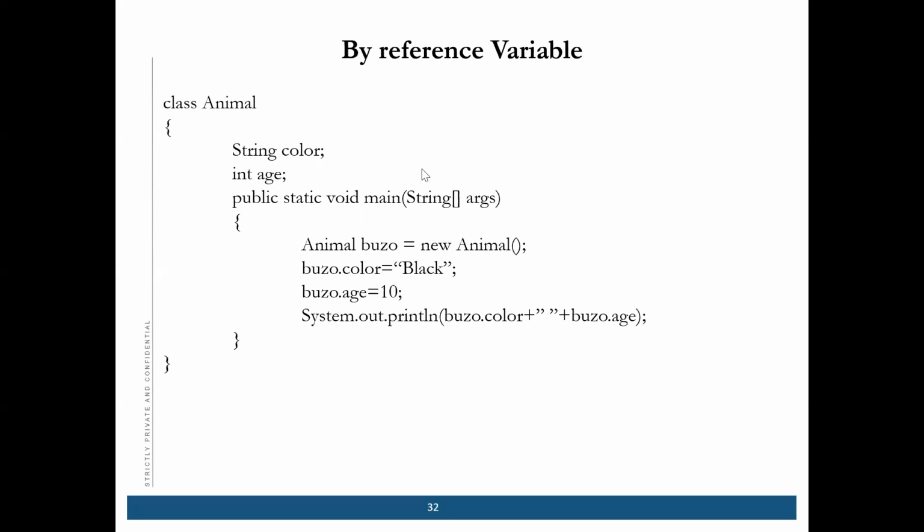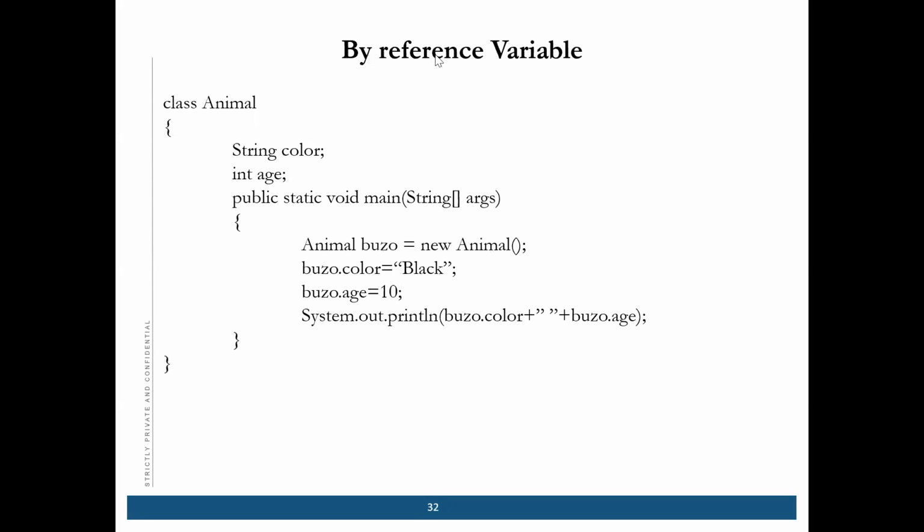This is called an instance variable. In C and C++ we say global variables, and in Java we say instance variable. So inside the main method, same thing, we are creating an object.